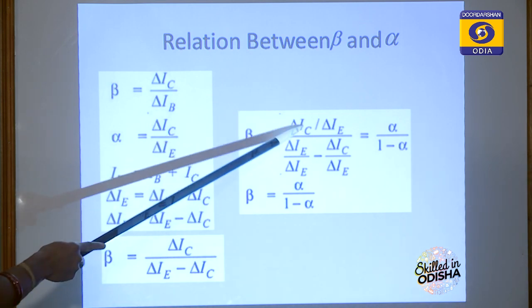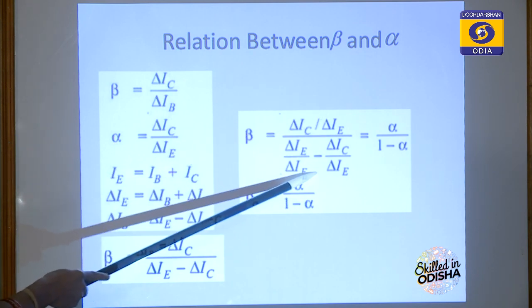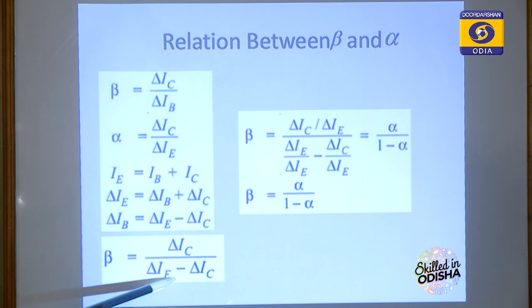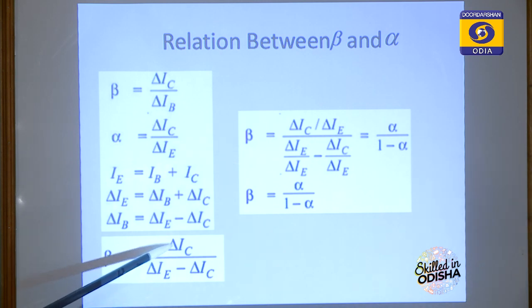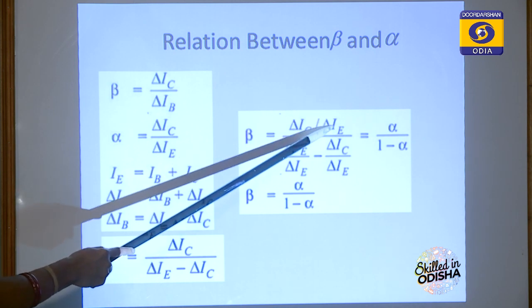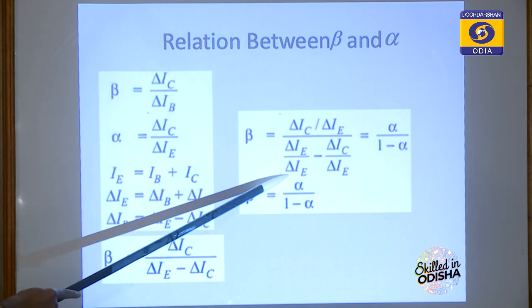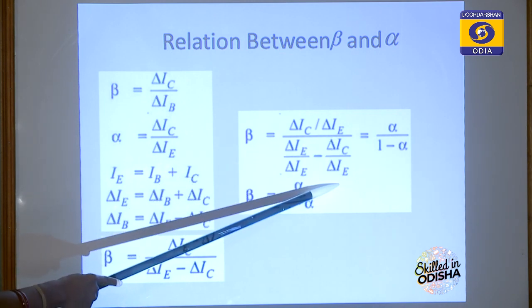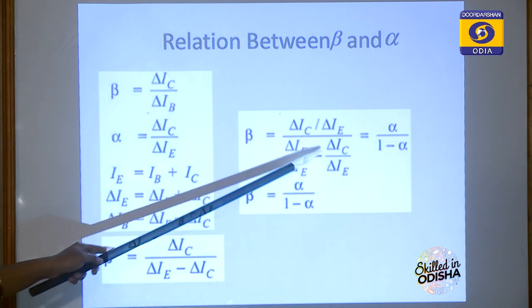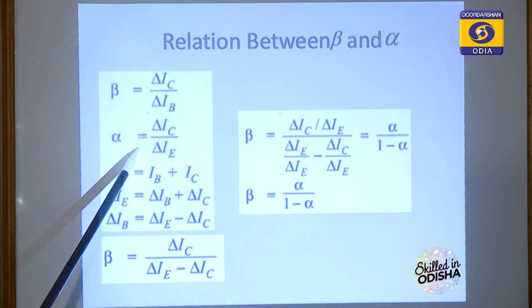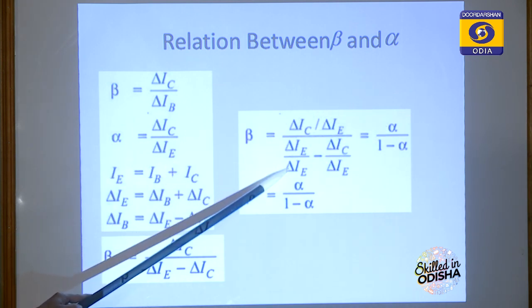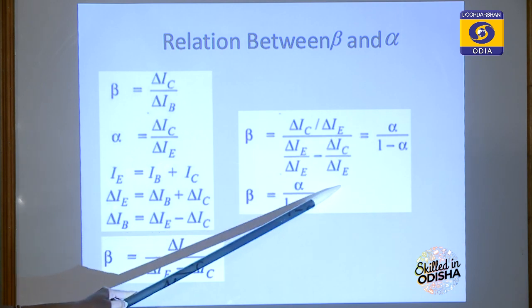So we divide the upper part by delta IE and the lower part also by delta IE, because we want to convert it in terms of alpha. So on the upper side, when I divide by delta IE, that is equal to delta IC divided by delta IE. On the lower side, when I divide by delta IE, that is equal to delta IE divided by delta IE minus delta IC divided by delta IE. Previously we know that delta IC by delta IE is equal to alpha. So this is equal to alpha. Delta IE divided by delta IE is equal to 1, and again this is equal to alpha.